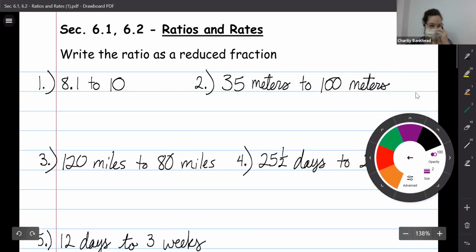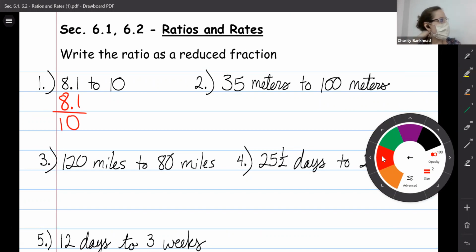All right, write the ratio as a reduced fraction. All right, so 8.1 to 10. So we're going to start by writing 8.1 over 10. Okay, so we don't want to have a decimal as part of our fraction.